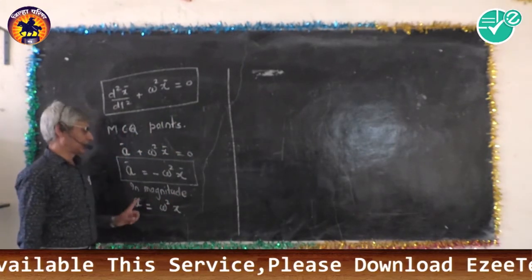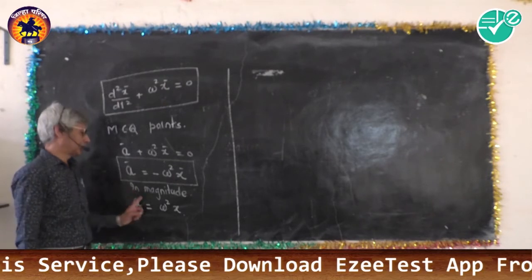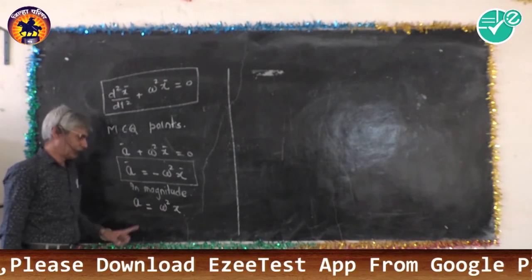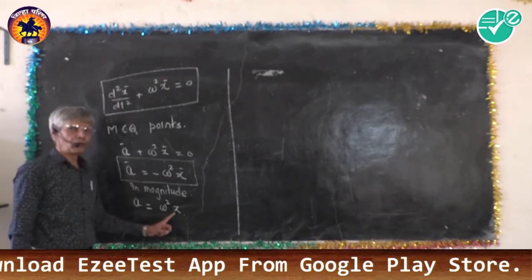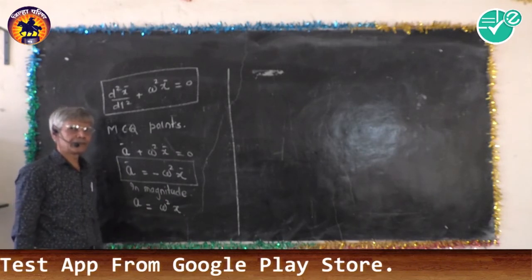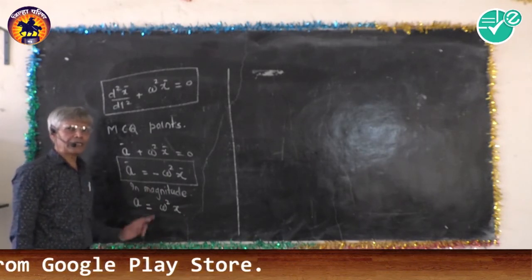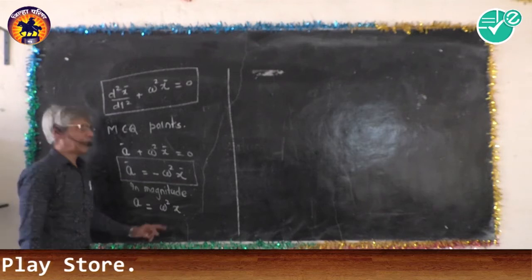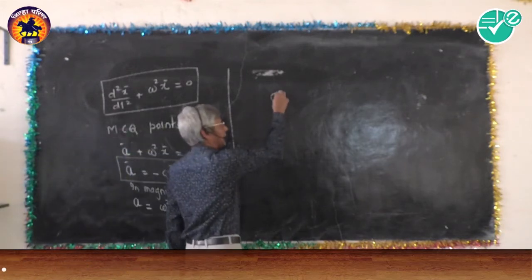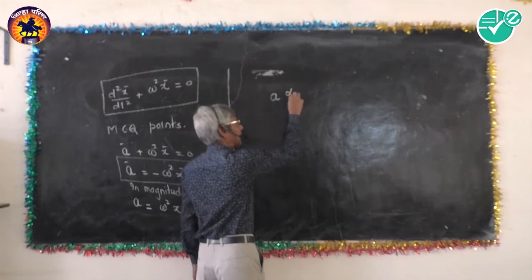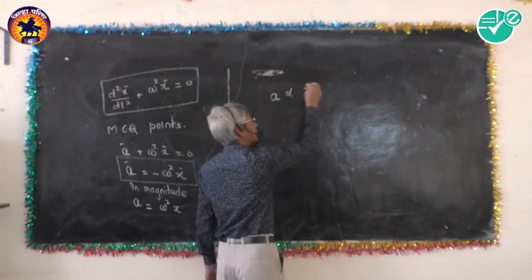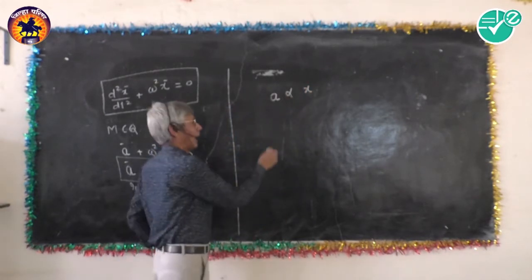Now, by using these equations, we can say that in magnitude, acceleration is equal to omega square into x. Omega is constant, so omega square is also constant. In other words, linear acceleration in magnitude is directly proportional to its linear displacement from the mean position.